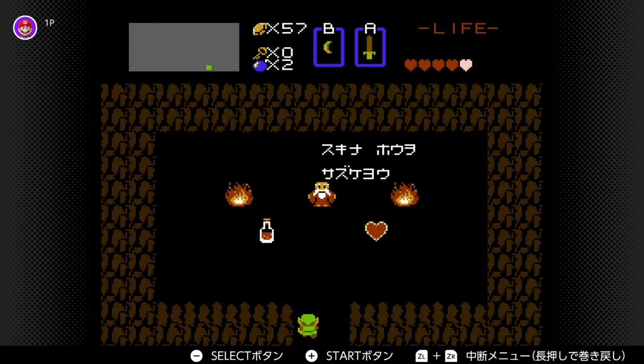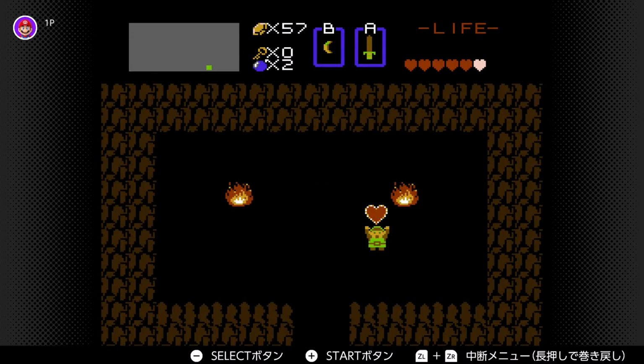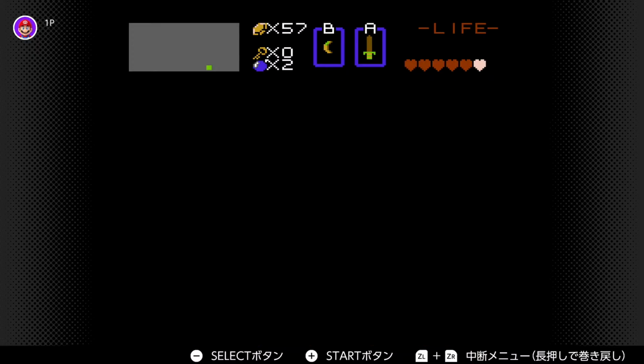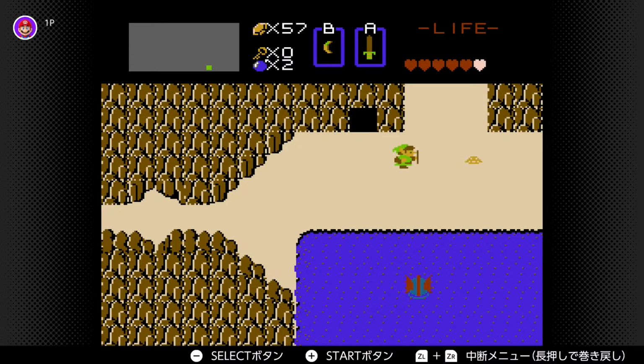And again, this old man says, Skina ho Sasuke yo. Let's grant you the one you like. Again, the hard container, of course. The water of life red would be a waste.